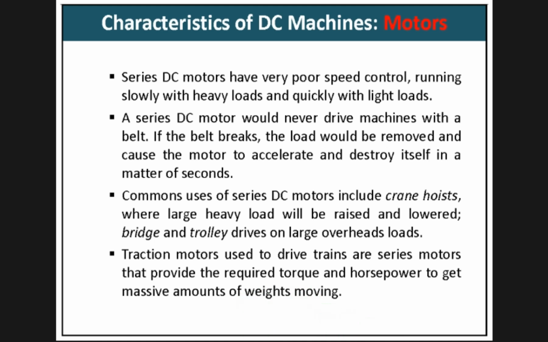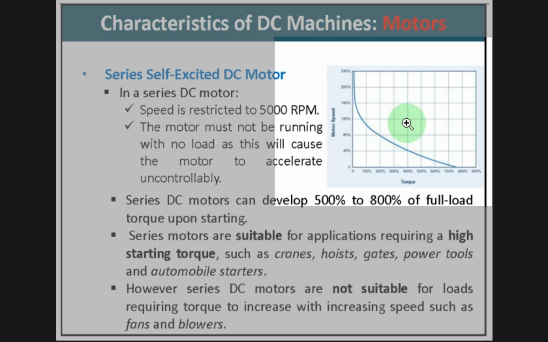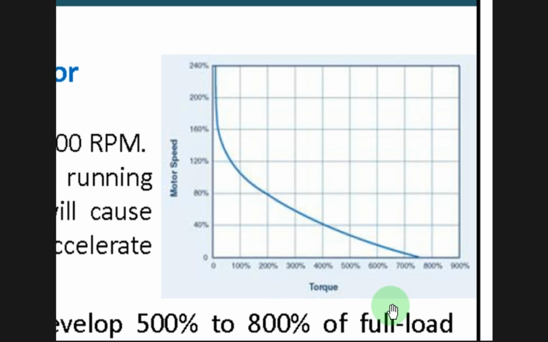That was depicted in this graph, where this axis is torque. If I try to enlarge it, this graph is torque and this graph is motor speed, and you see when the motor is initially starting, the torque is very high, but when torque is becoming higher and higher, the speed reduces.